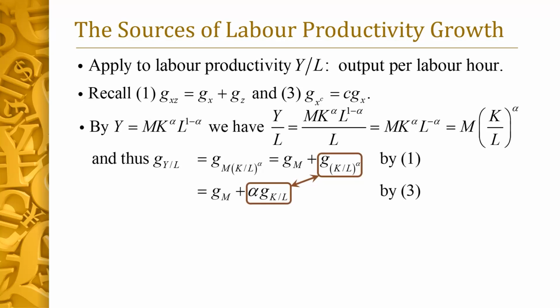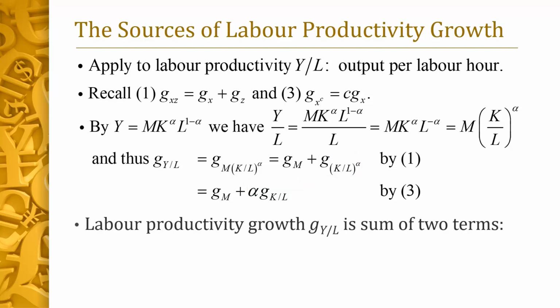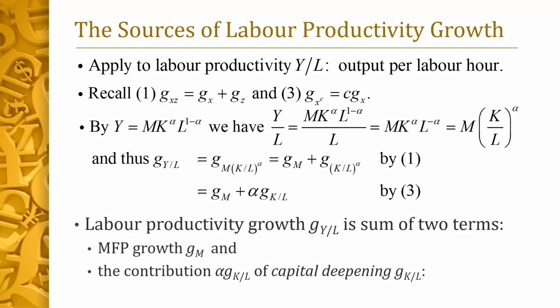Finally, we apply rule 3 to transform the final growth rate to the product of the capital share of income alpha and the growth rate of K over L. Summarizing, labor productivity growth is the sum of two terms. The first is MFP growth, gm. The second is the contribution of capital deepening, alpha times g of K over L, of growth in the capital labor ratio.